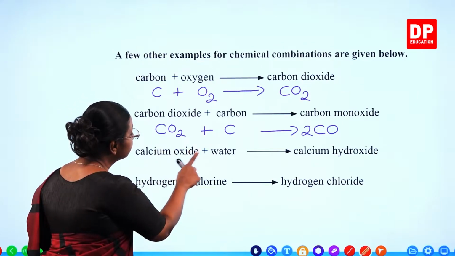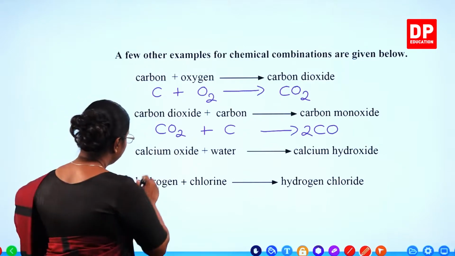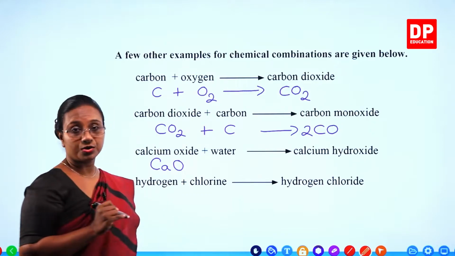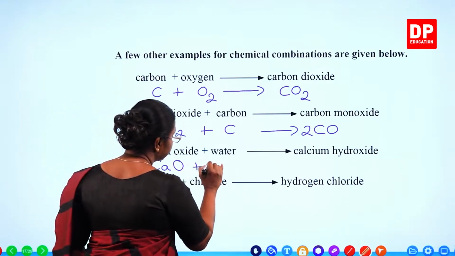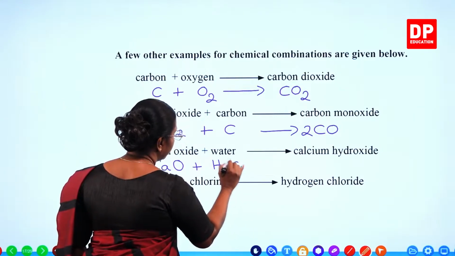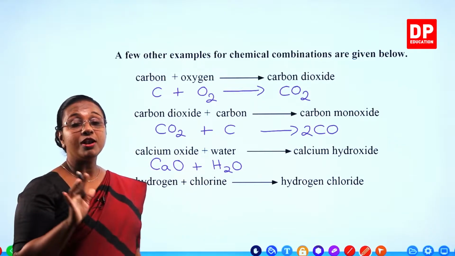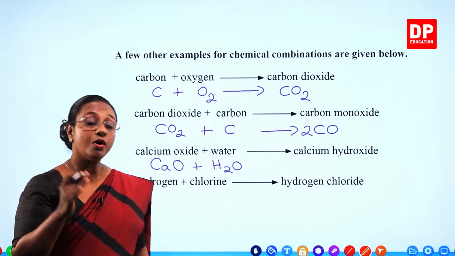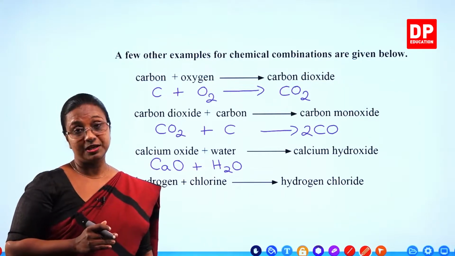Then we have calcium oxide and water. Calcium oxide is CaO, and water is H2O. When you write these, you have to remember the chemical formulae of compounds, or else you should be familiar with writing chemical formulae.